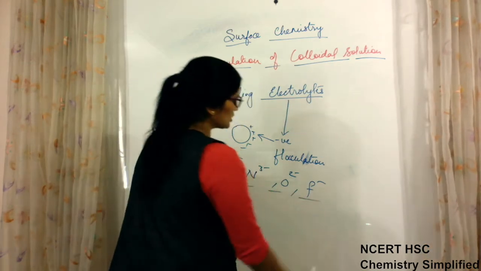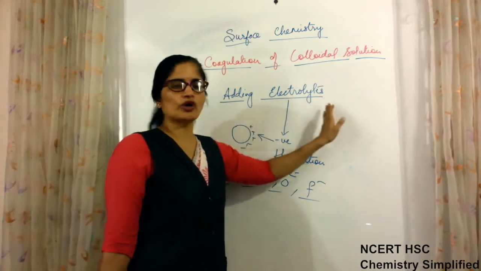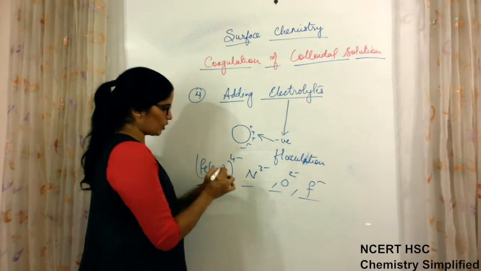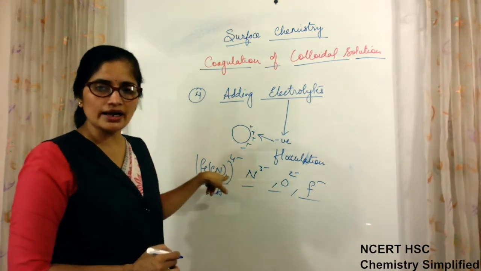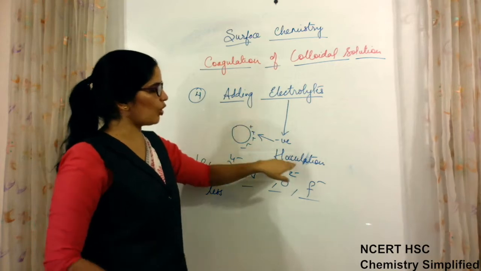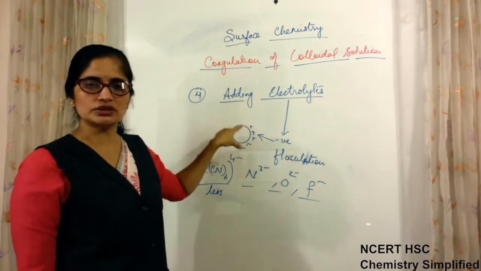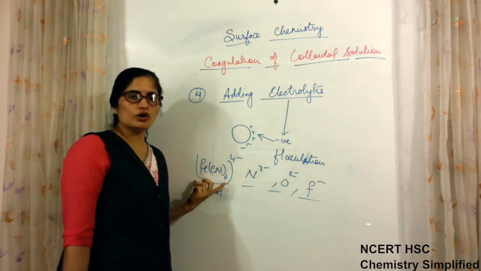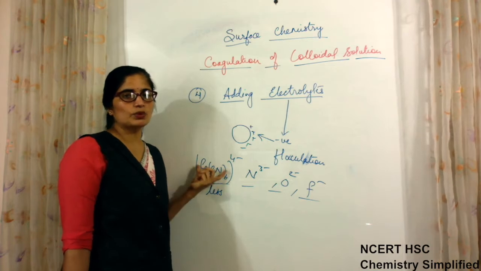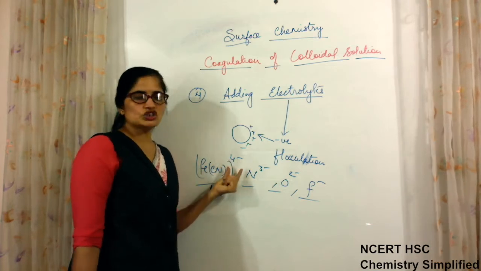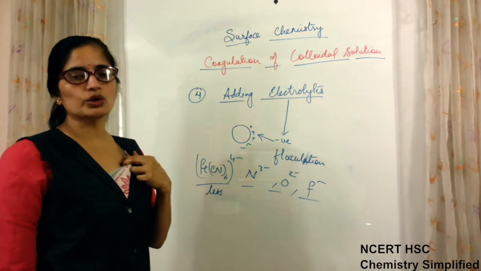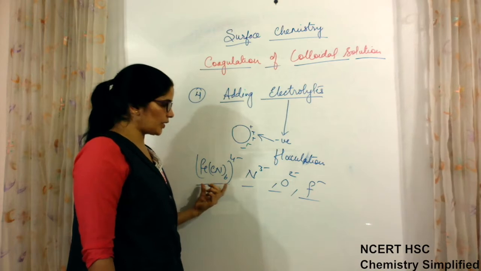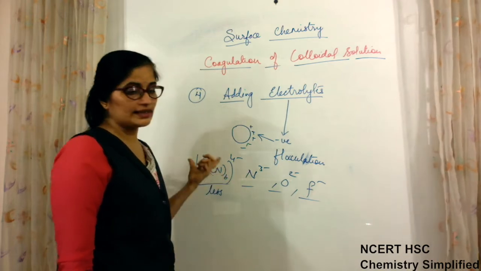Now I have these 4 types of ions available from electrolytes, then I will require less quantity of the last one because it has 4 negative charge. It has higher power to cause the coagulation or flocculation of this colloidal solution which is positively charged. So less quantity of this is required, so its flocculation power or coagulation power is more. The one which bears more charge has more flocculating power or more coagulation power. Clear? So less quantity of this will be required, or it is a more powerful flocculating agent.